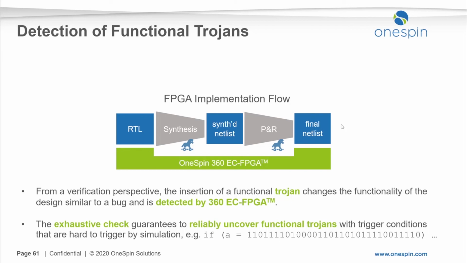And since this is exhaustive formal technology, we guarantee that we can reliably detect any functional Trojans with trigger conditions that simulation would never find, mostly because a human would never think that this is the pattern that I need to send to both designs in order to uncover something that I don't even know is there, right? So this is really something that is bringing lots of advantage in today's uncertainties, and helping customers make sure that their designs do only the intended things they're supposed to do, and nothing more and nothing less.